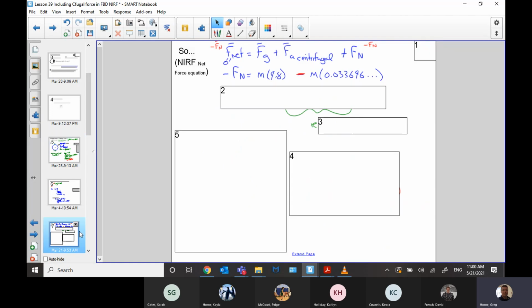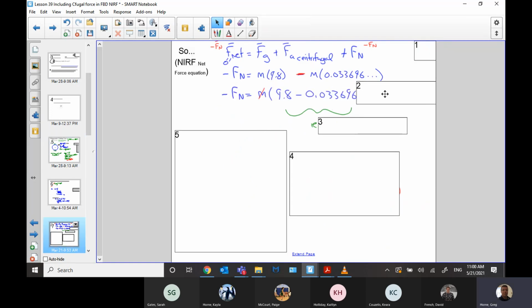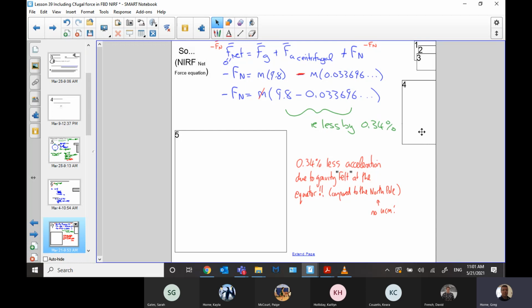It's going the other way. So that gives us this. We got the m times the 9.8, or yeah, to take away that number. Instead of feeling a force on you balancing gravity that it normally would be, it would be 0.34% less, right?